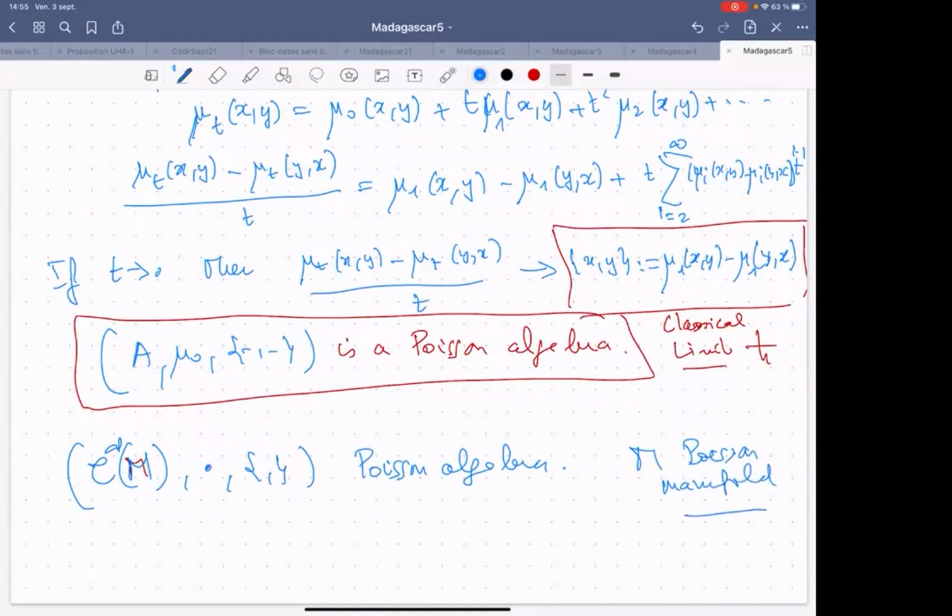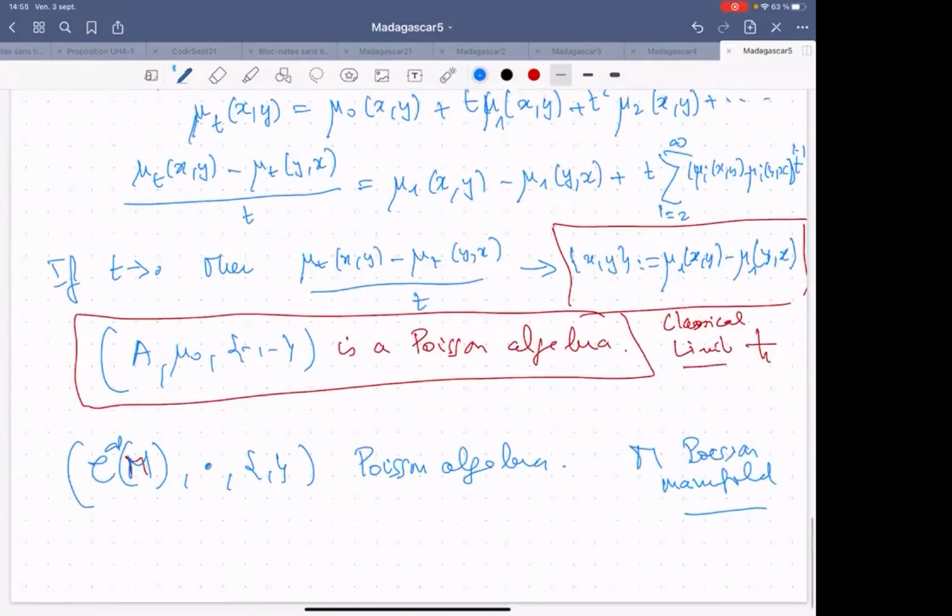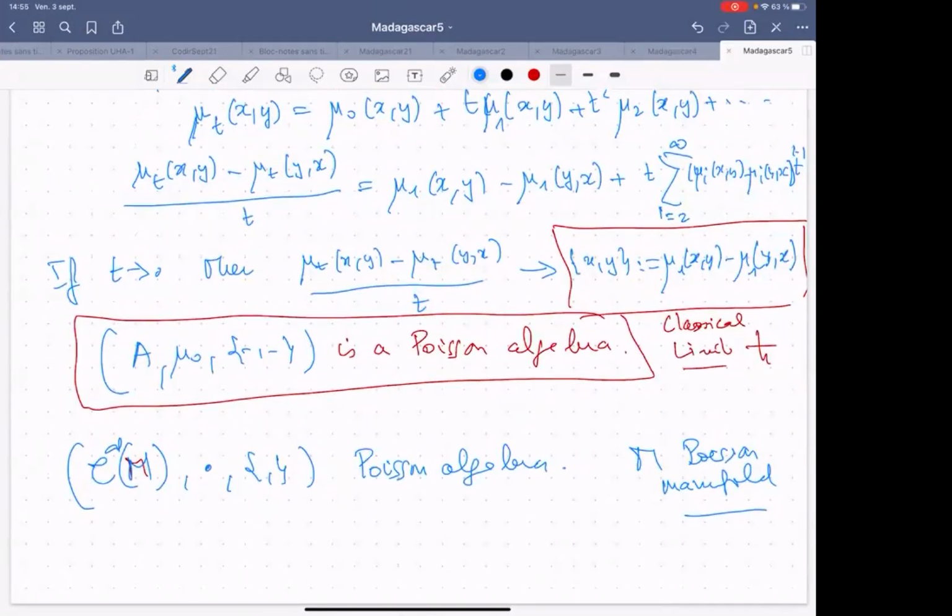Okay, and one challenging question was to construct deformations of this pointwise multiplication in a way that the first term of this deformation corresponds to this Poisson bracket. This is what is called the quantization problem. And this is the reverse problem somehow.